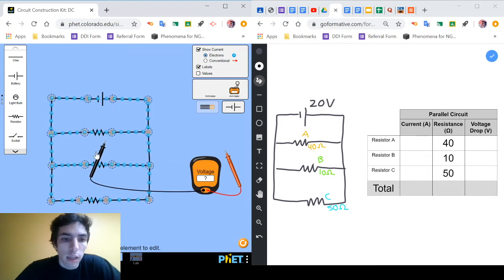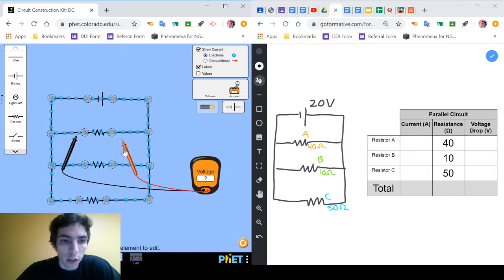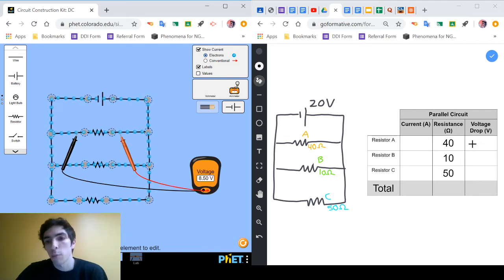I'm going to take this black terminal and touch it to the wire directly before the resistor. Since the electrons would travel from left to right through this circuit, I'm going to put one terminal right to the left of that, and then the other one directly to the right, and I would record this voltage drop of 8.5 volts through this top resistor for me.